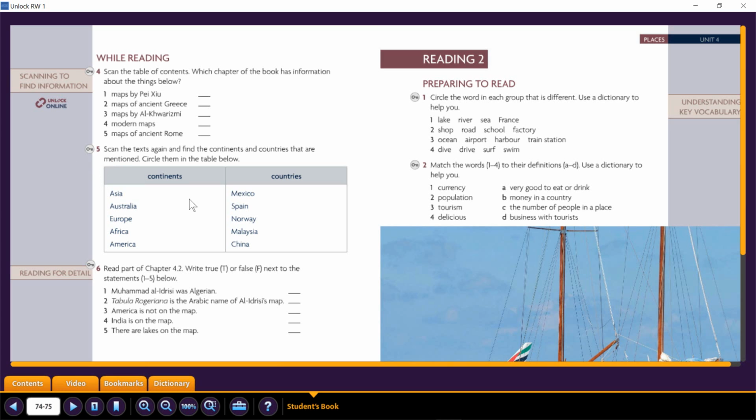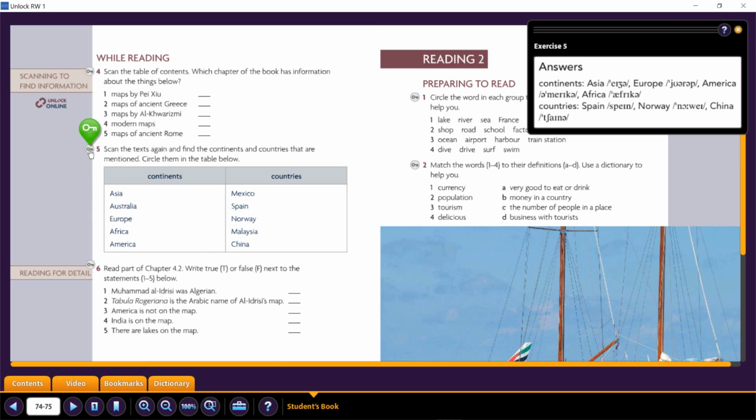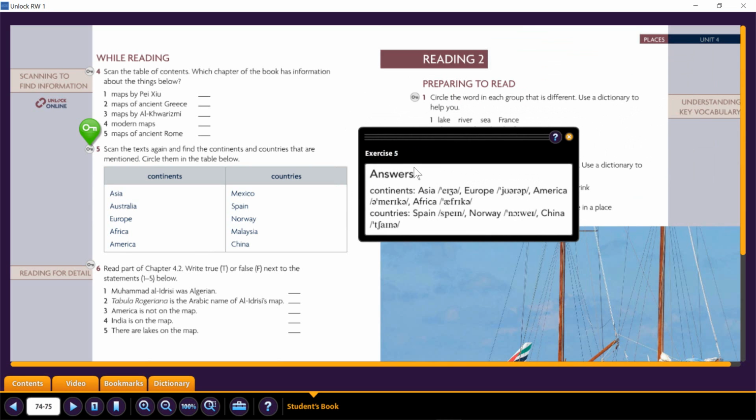Question number 5. Okay, ladies. Again, scan the texts again and find the continents and countries that are mentioned. Circle them in the table below. Let's see the answers here. The texts, you can find Asia, Europe, America, and Africa.